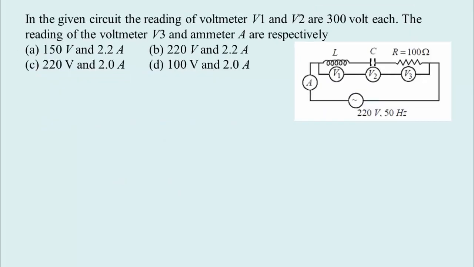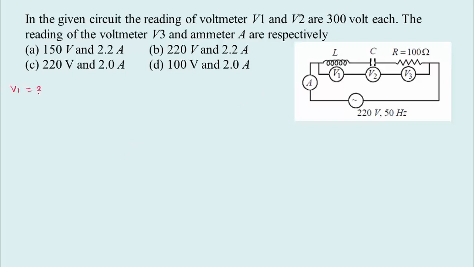In the given circuit, the readings of voltmeters V1 and V2 are 300 volt each. What are the readings of the voltmeter V3 and ammeter A respectively? So we have to find the value of V3 and the reading of ammeter A. See here, V1 and V2 values are given, that is 300 volt each.